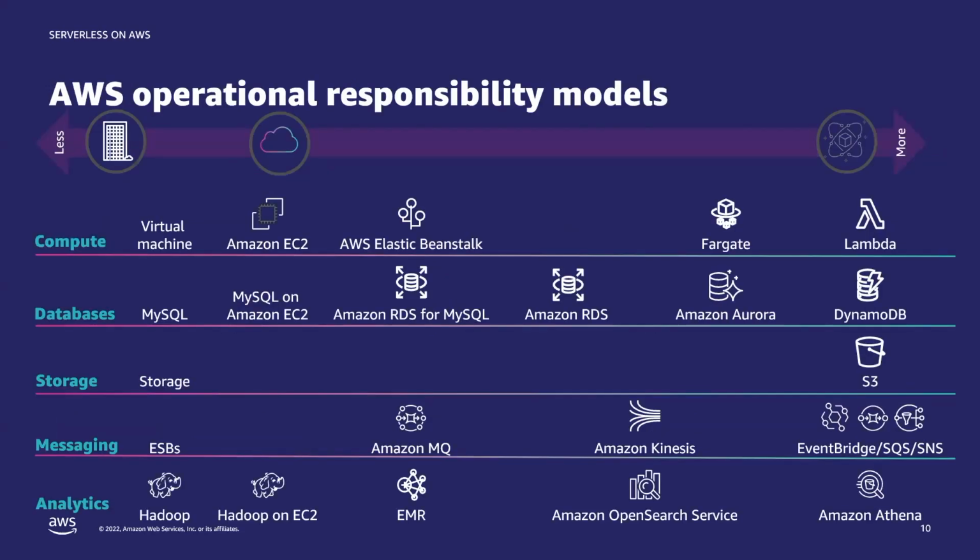So now if you talk about the operational responsibility, there's a lot of layers here. This is the paradigm shift of traditional IT and then doing serverless and cloud-based applications. So compute, you would traditionally have virtual machines. Now you have this whole spectrum. EC2 would be traditionally what on-premise would be considered a virtual machine.